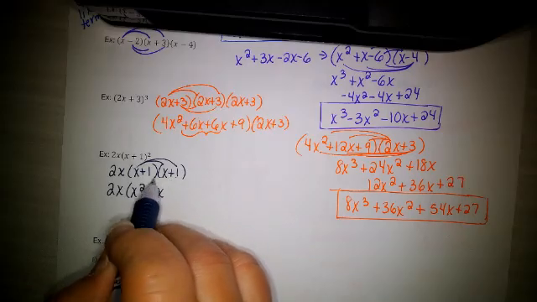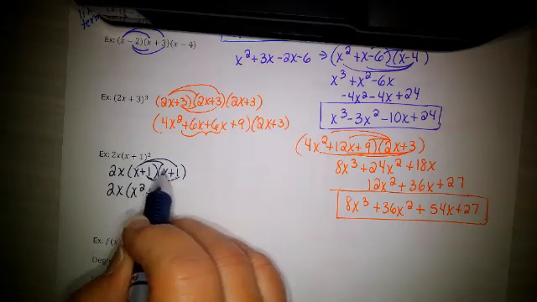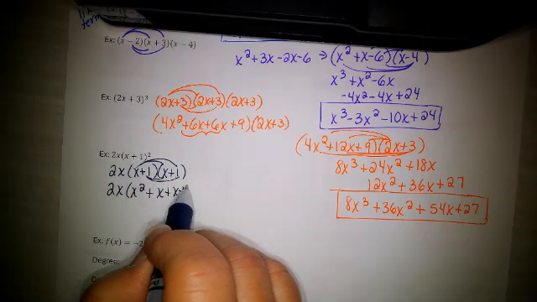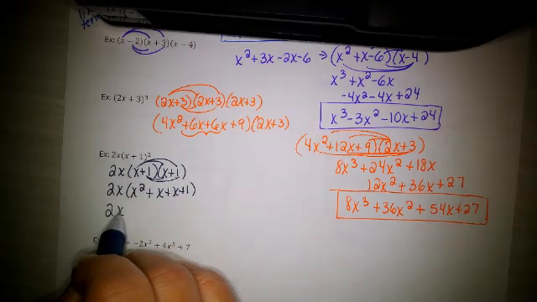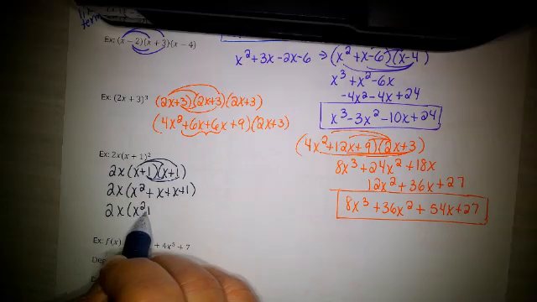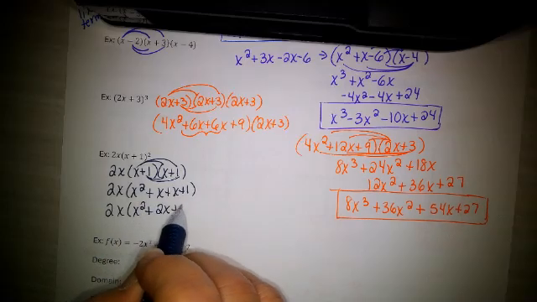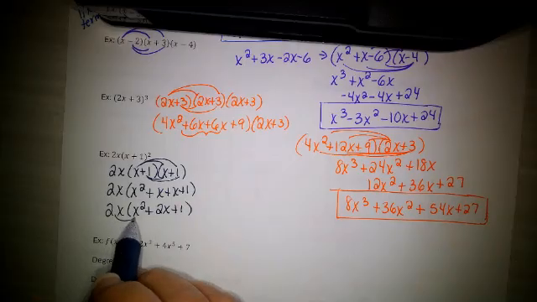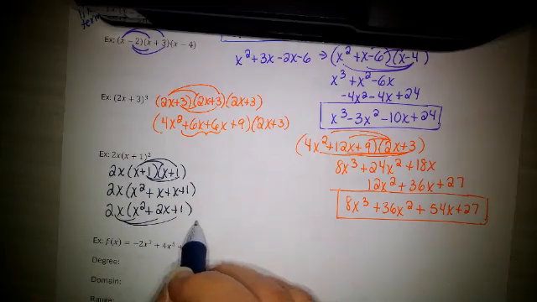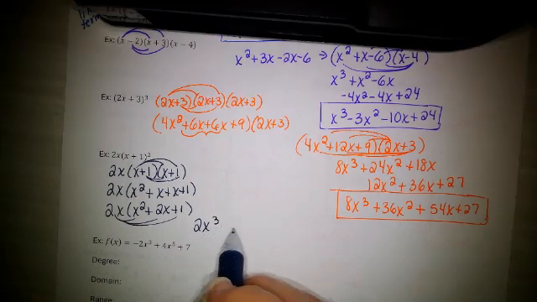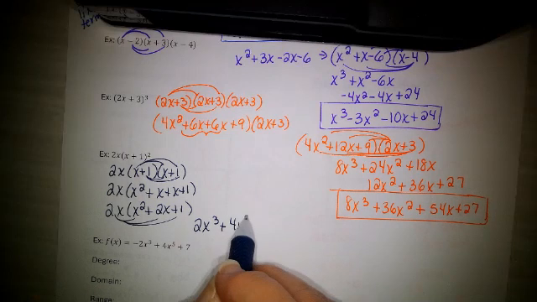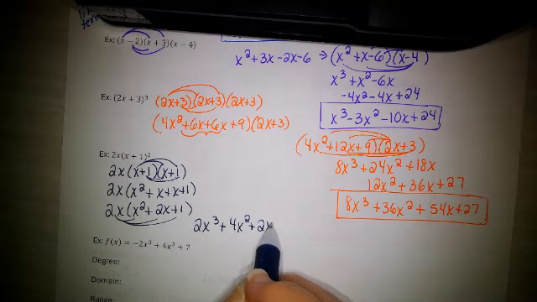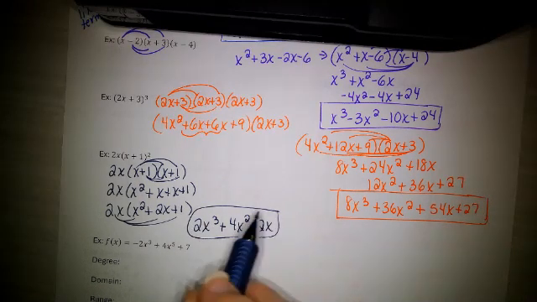And then when I distribute the 1, that's another 1x plus 1. So I have x squared plus 2x plus 1 times the 2x. So I'm going to distribute these and get 2x to the third plus 4x squared plus 2x. And that would be my answer.